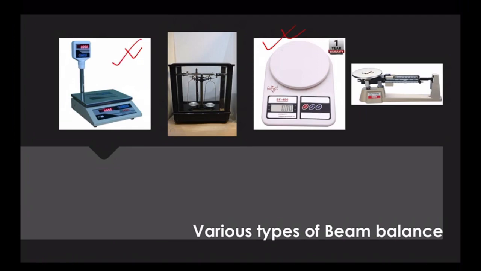They weigh the paneer and all on this type of digital weighing machine. And this is another type of weighing machine, and in a science lab, this is a very accurate beam balance known as a physical beam balance. This is used in a science lab. Physical beam balance, this is the one.